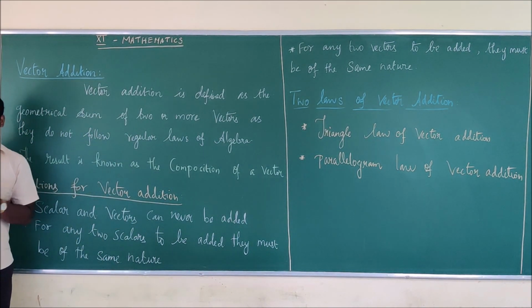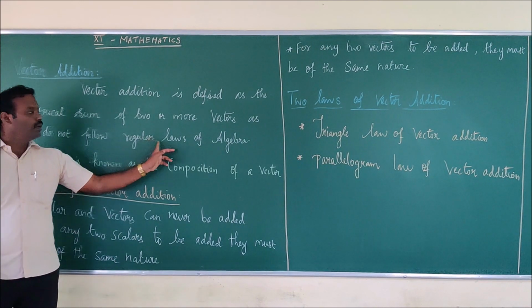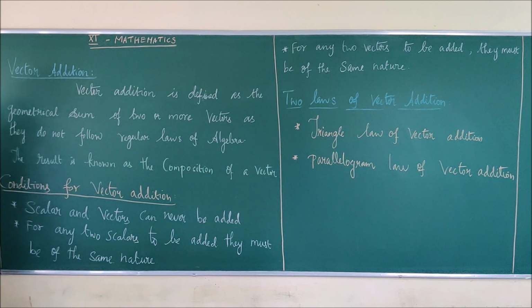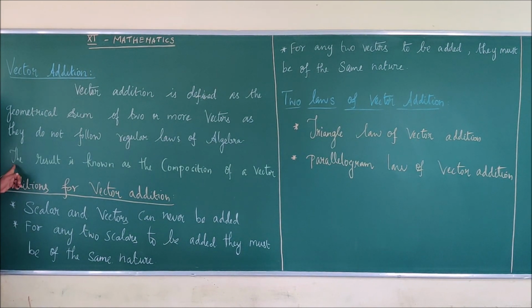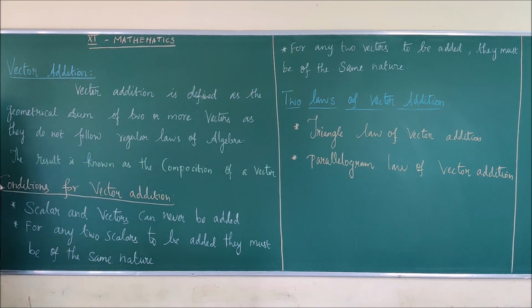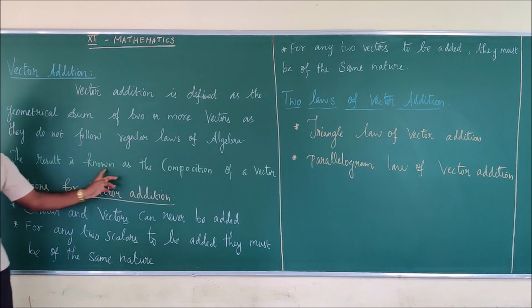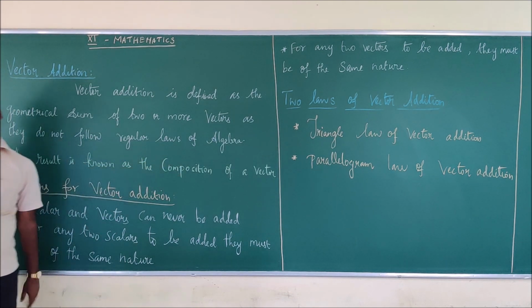That addition will not work in the case of vectors, so they do not follow regular laws of algebra. The result is known as the composition of a vector. If you are adding two or more vectors, then the result is known as the composition of a vector.